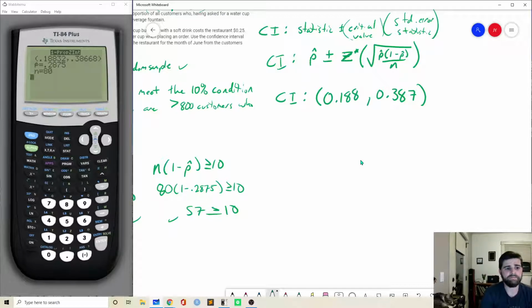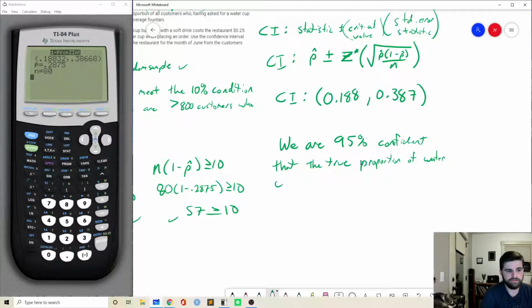So what does this mean? This means we are 95% confident that the true proportion of water cup soda thieves is captured by the interval from 0.188 to 0.387.